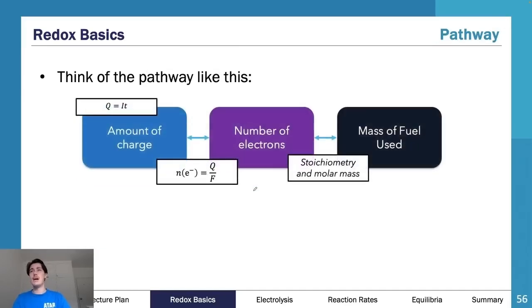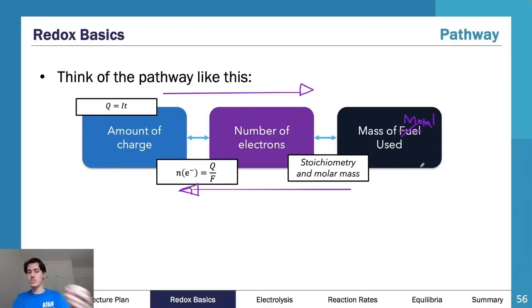This is essentially what your pathway looks like. You can either go this way or you can go this way. And it's really important that you understand you can go both ways in these questions. Realistically, we could talk about this in terms of Area of Study 1 with fuels, but I want to talk about electrolysis, so we'll talk about metal.